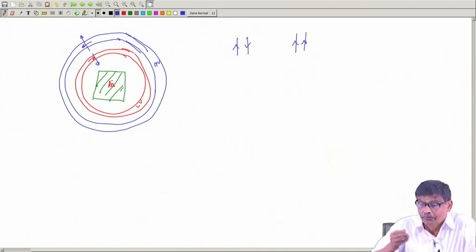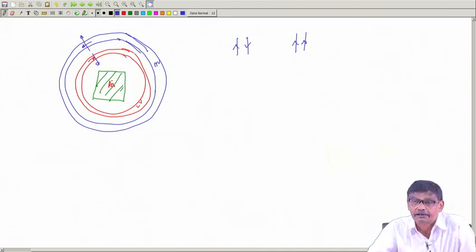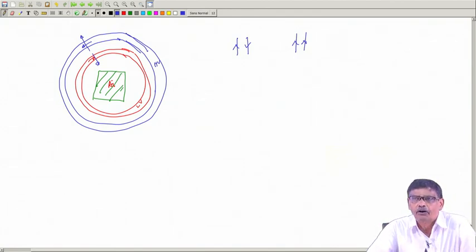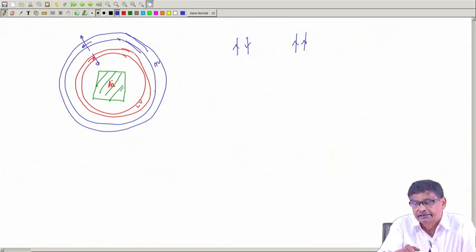You cannot allow a very large short circuit current to flow, apart from the fact the winding may be spoiled. But to make a winding burn, that large current must be there for a sufficiently long time. It is not I square R, it is I square R into T that decides how long that large current is flowing.